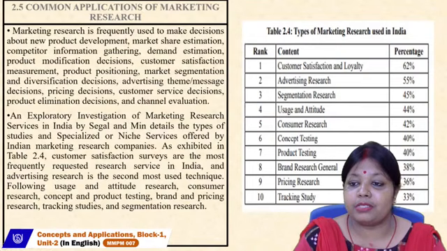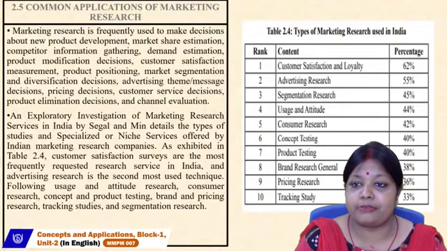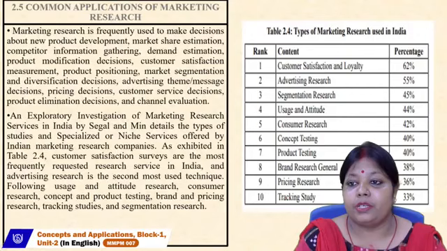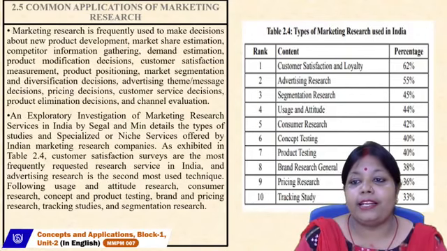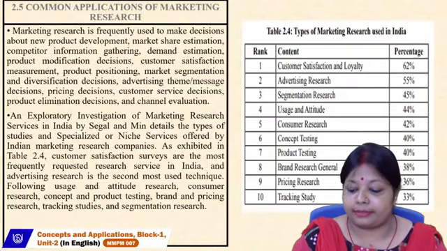Consumer research is about 42%, and the highest percentage of contribution is customer satisfaction and loyalty, which is most important for the company to take any kind of decision or to improvise, or whatever is required for the company to sustain in the market or to face the competitor.